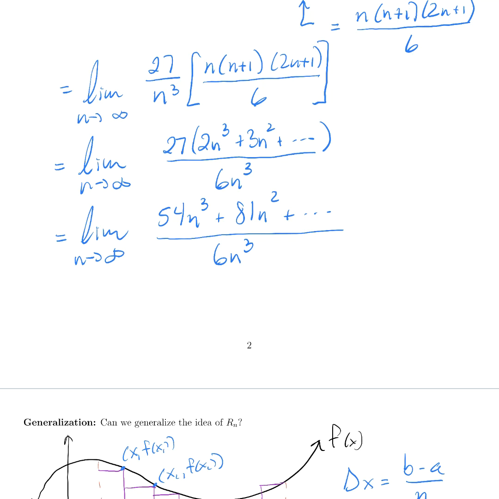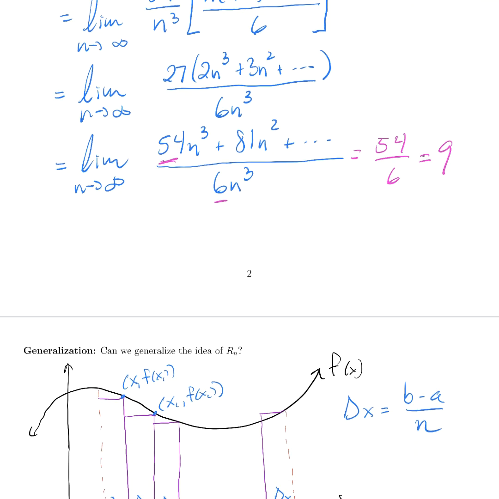I actually don't care what that something is, because we learned way back in chapter 1 how to handle limits like this. When we have the limit of a ratio of polynomials that have the same degree, that limit is the ratio of the leading coefficients, which is 54 over 6, or 9.